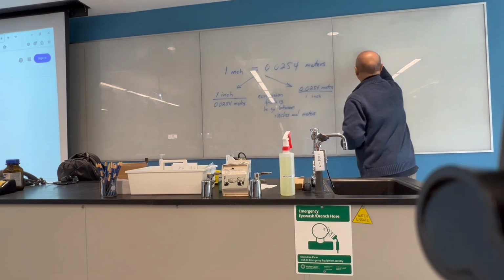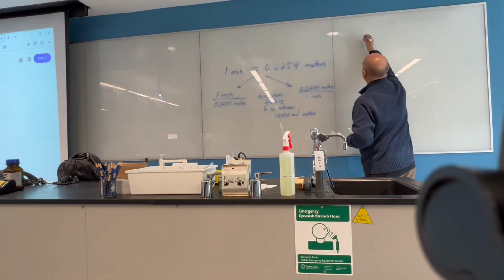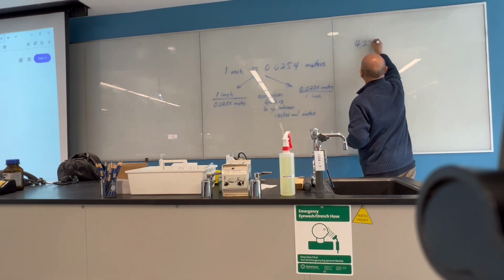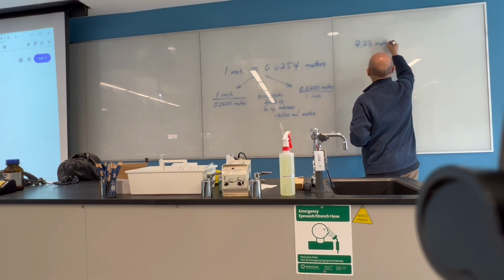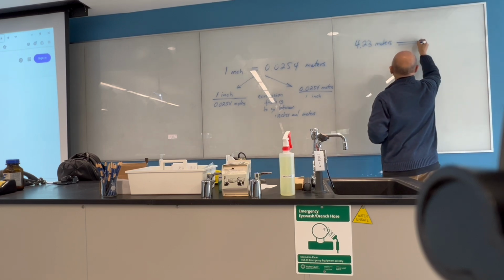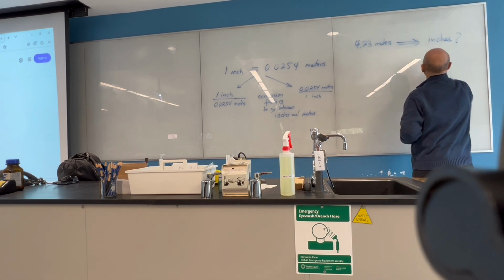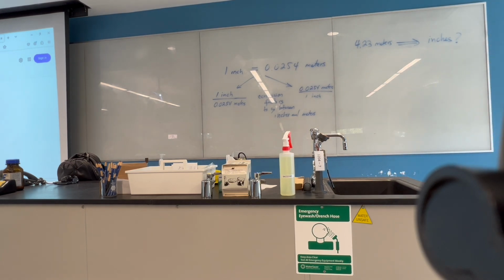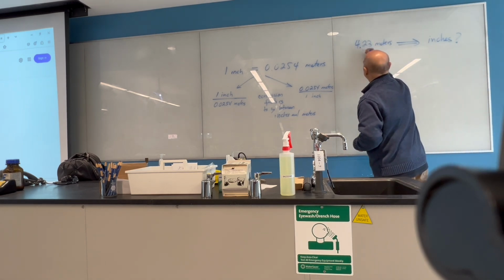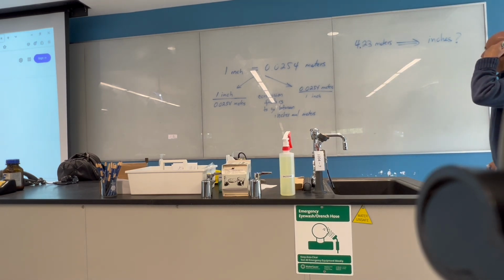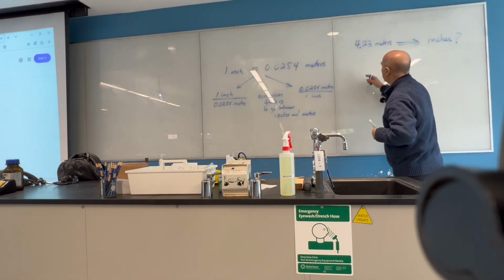Well, let's do it over here. Let's say that I have measured 4.23 meters, and I want to convert that to inches. I want to know how many inches are in 4.23 meters. Well, you start any conversion problems by first putting the information that you have.